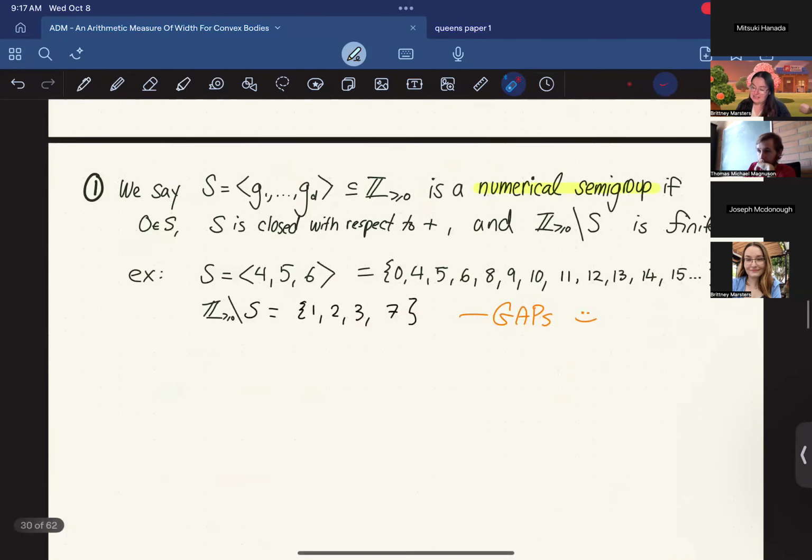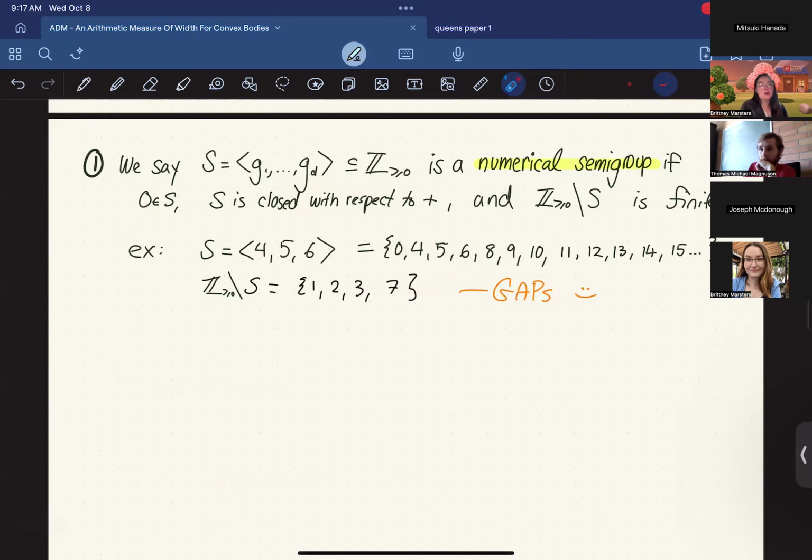But because we have a finite complement, we can also specify a numerical semigroup in terms of its gaps in the non-negative integers. So the only non-negative integers that are not in this semigroup are going to be 1, 2, 3, right? Because we don't have them, and then 7. So it's an equivalent way of talking about a semigroup, just in terms of its gaps. Okay.